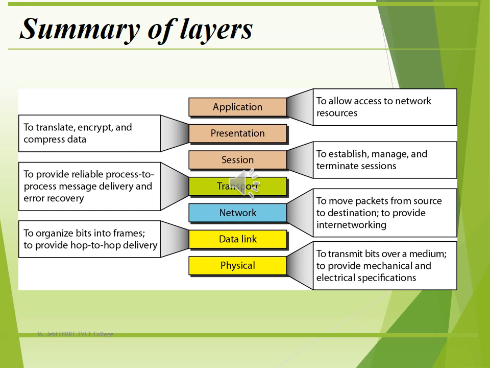If you don't understand what the layers are doing, and I talk to you about a router, what a router does, you will not appreciate what the router is. And I say to you, let us configure a router. You will not understand what we are doing. What are we configuring? So now that we have an idea, it helps. If I say, let's connect a switch, you really know that a switch reduces network congestion because you understand that it's working at layer number 2, at the data link layer.